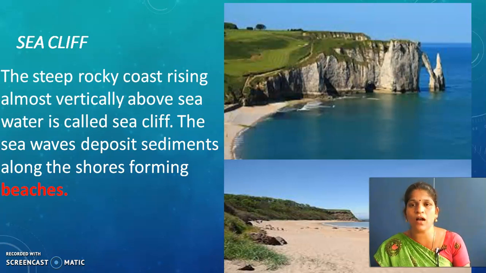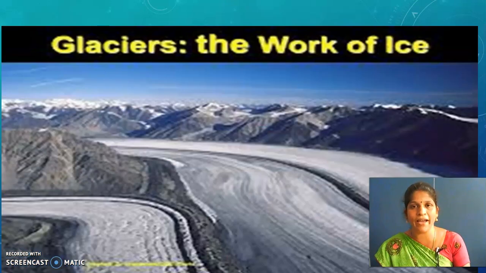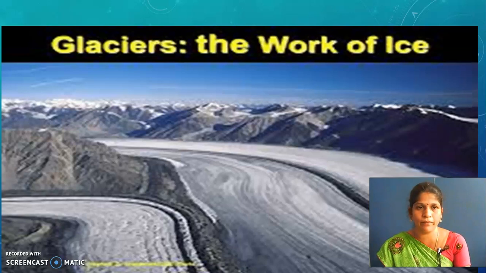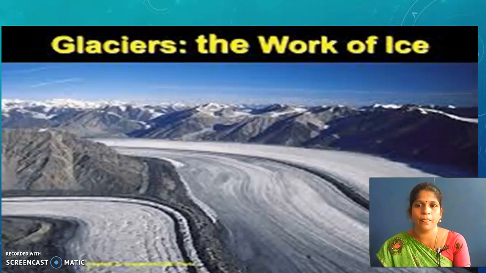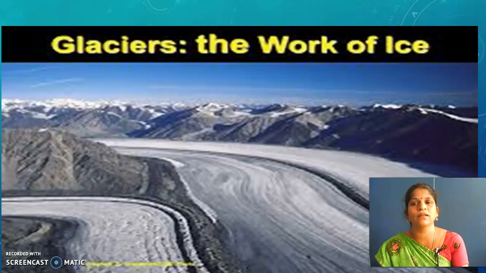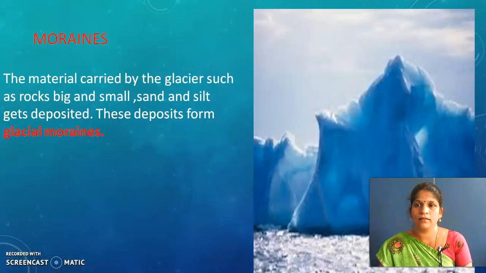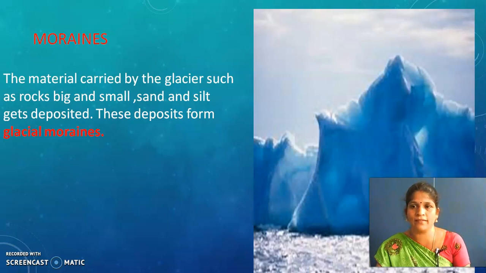Then next, work of ice. The work of ice also gives changes on the earth. Glaciers means moving rivers of ice. First you can see moraines.